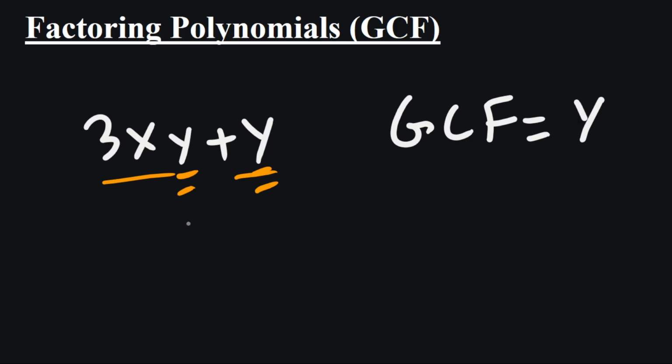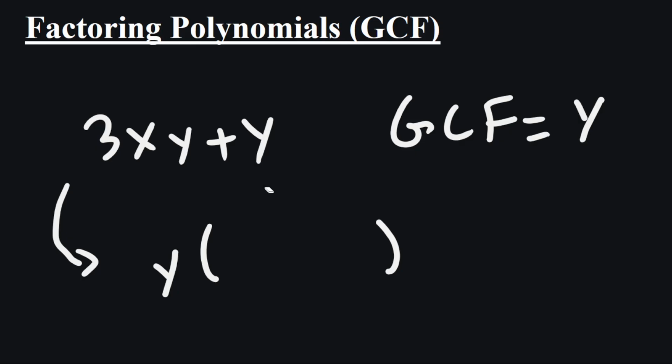So let's pull out the y. To factor it, we would take a y, set a parentheses around it, and divide each term by y. So 3xy divided by y and y divided by y. What is 3xy divided by y?